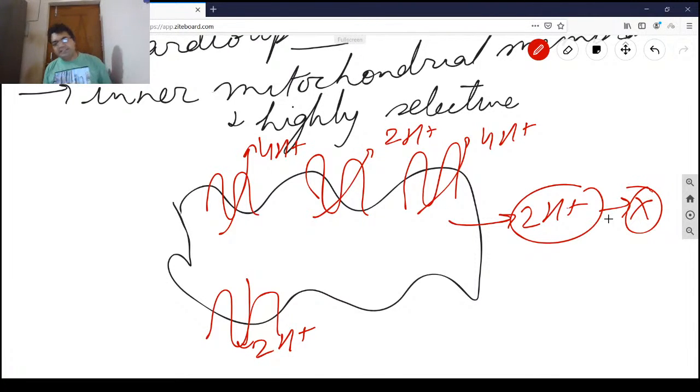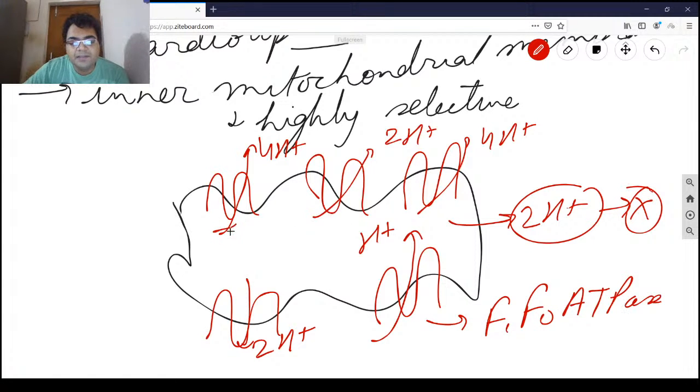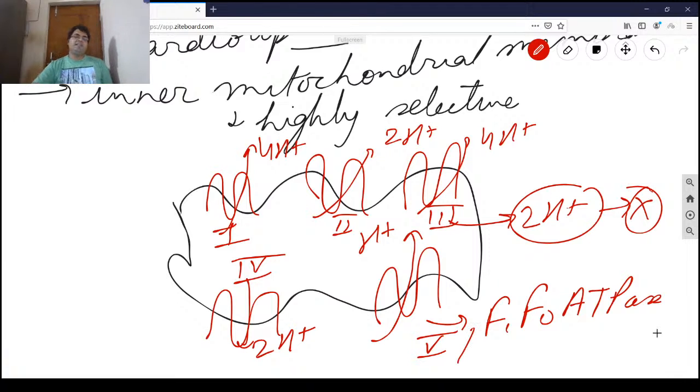That's why it requires the proteins, and in the end when it returns, it has to come through the F1 F0 ATPase, complex 5, after complexes 1, 2, 3, 4.